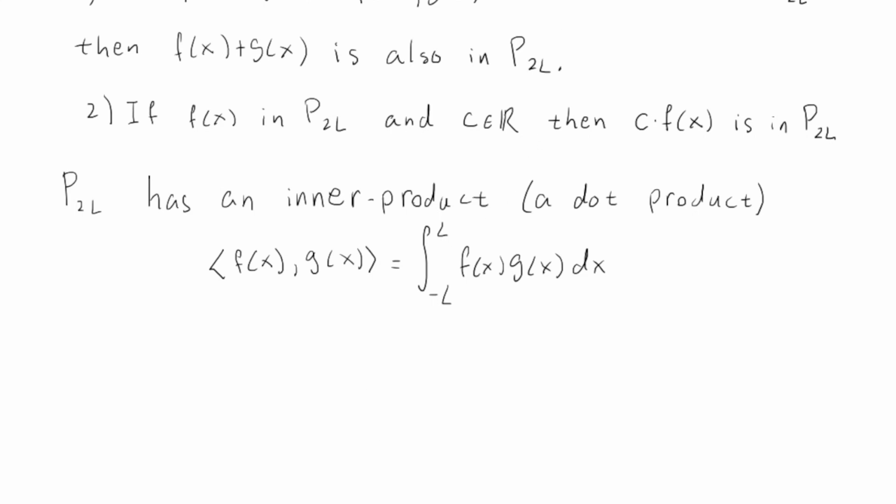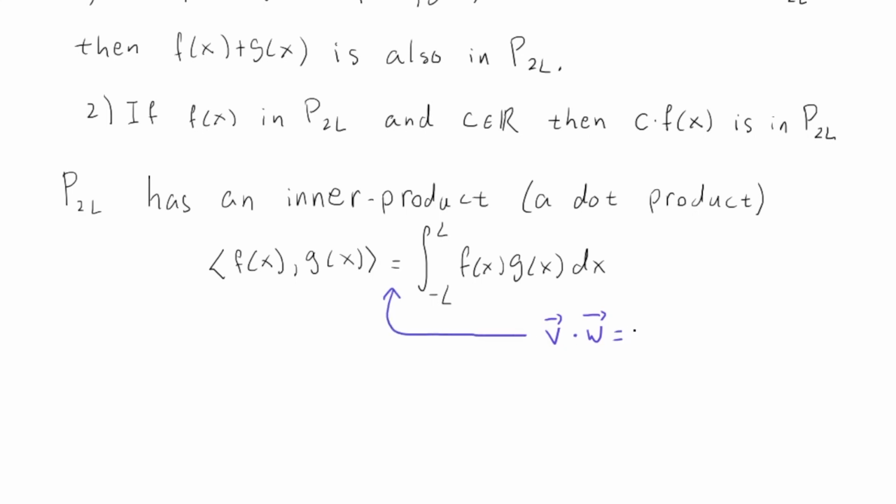Okay? So you should read this just as in Rn. In your head, you should think of this as v dot w, right? So a vector in this vector space is a function. So f of x is just like the v, and g of x is just like the w. Maybe I should say that this whole equation, you can think of it as a formula for what the dot product is.